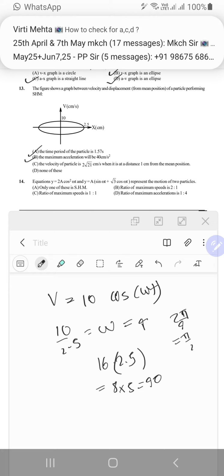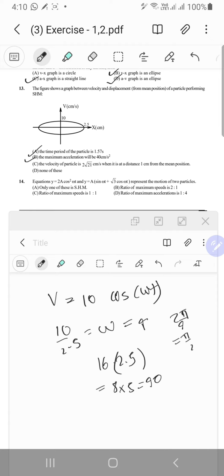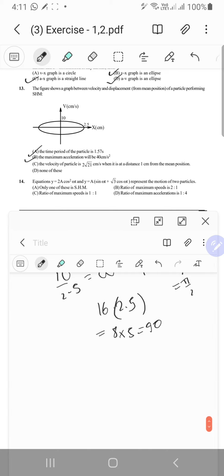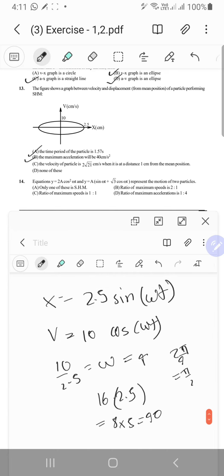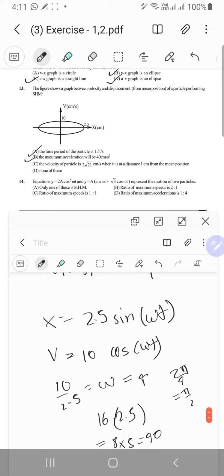The velocity of the particle is 2 square root of 21 centimeter per second when it is at distance 1 centimeter from the mean position. Well, okay, so it's 1 centimeter from the mean position. Fine, so x is just 1.